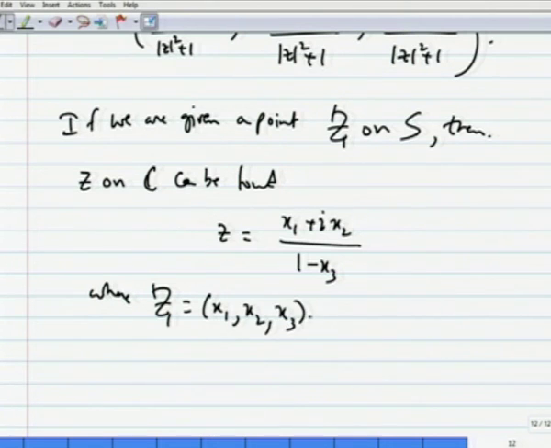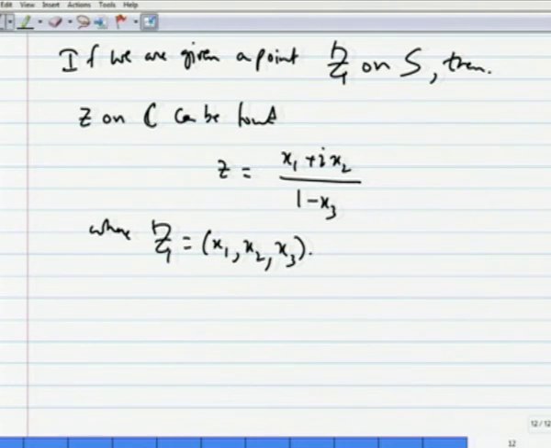Once again, x₃ is not 1, because x₃ equals 1 will correspond to the north pole. So, I should say that if we are given a point Z on S not equal to (0, 0, 1), then we can find z on the complex plane.